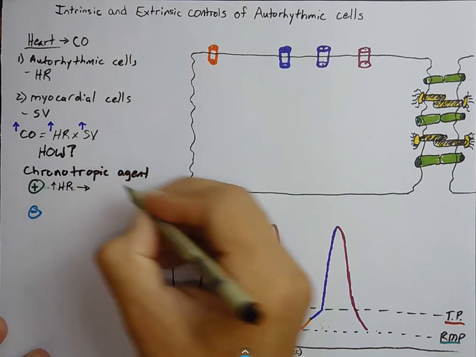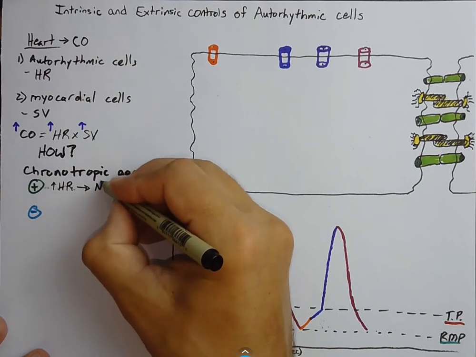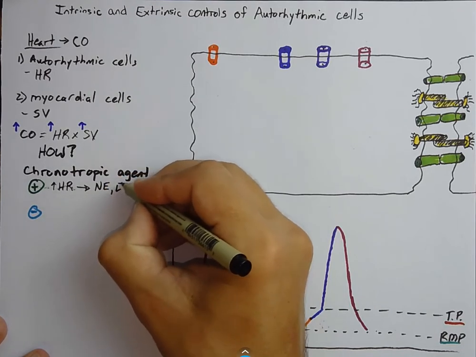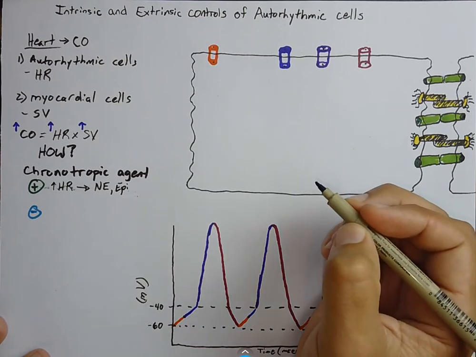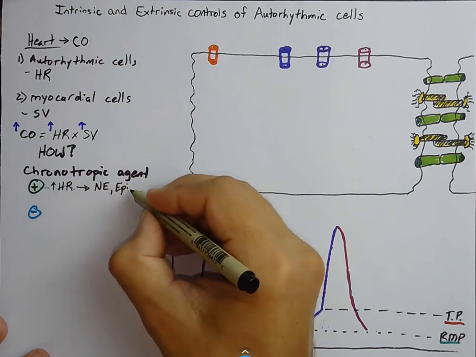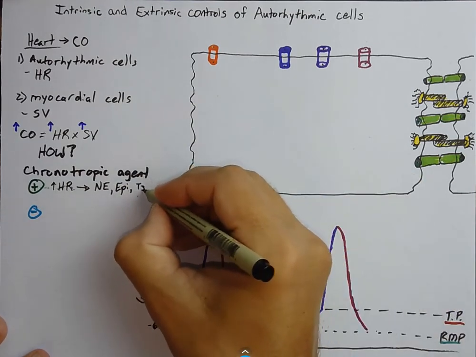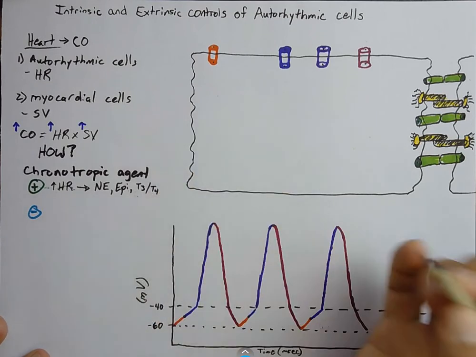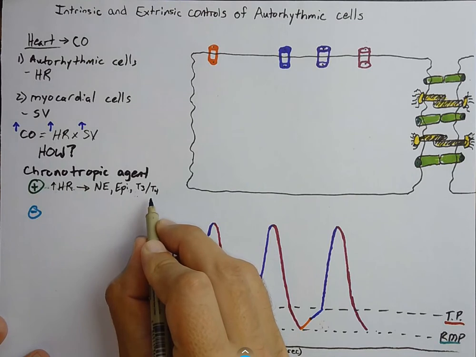All right, so let's list off some of those chronotropic agents, those positive chronotropes. Again, norepinephrine, epinephrine. Those are great ones for you guys to know about. But what else is out there that can increase the heart rate? Well, inside the body, your body actually secretes a really important group of hormones called T3, T4, right? These are thyroid hormone. And what do we know the function of thyroid hormone is?